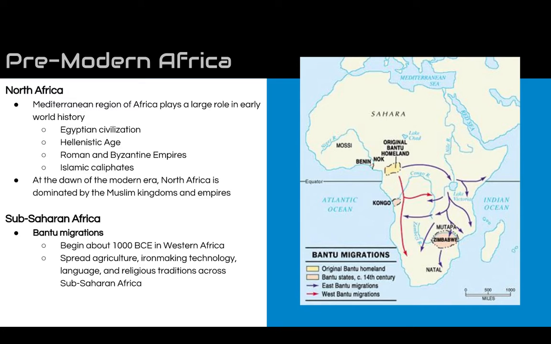And so we see, even though sub-Saharan Africa is extremely diverse, in some cases we see commonalities in, for example, religious tradition or language in certain parts of sub-Saharan Africa. And we currently believe this is because of this original migration.